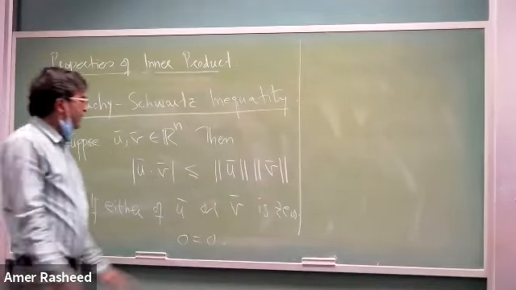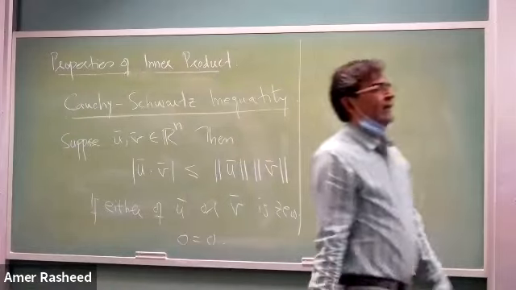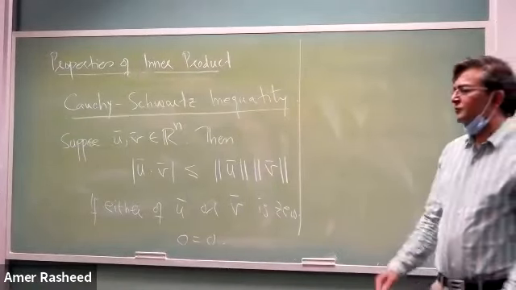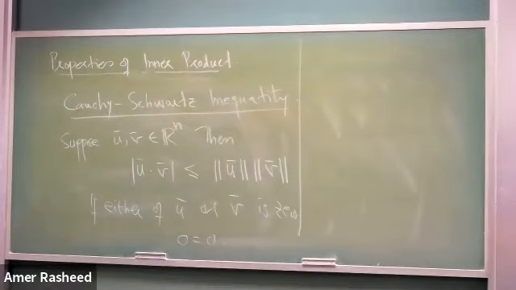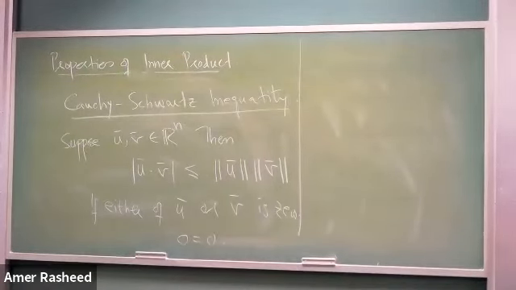Now the question is, when both u and v are not 0, then we have to prove it by using some kind of technique. So what we do, we assume that u is not equal to 0, or either of the vectors is not equal to 0. Then let t be a real number.